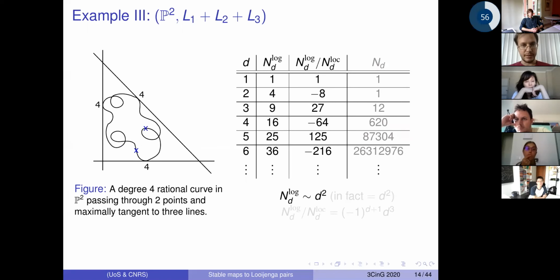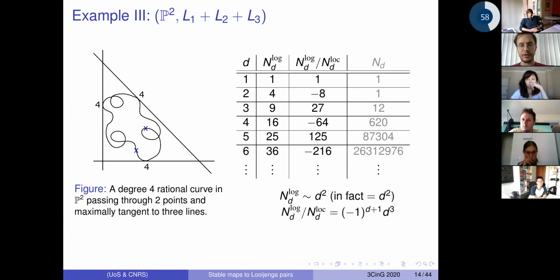And if you consider the other example of P2 with three components, again the structure of the invariants simplifies even more. So you can see that the invariants here grow quadratically. As a matter of fact, they're actually just a quadratic power law, D squared.